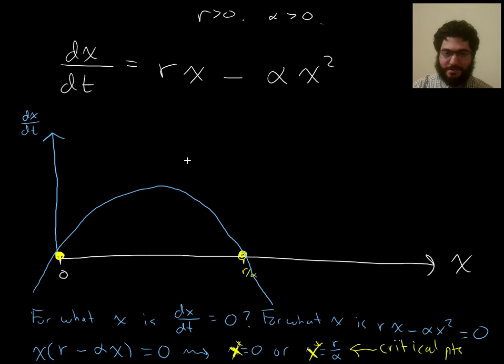On the same hand, also if there are r over alpha infected people, then apparently that will also be a situation where the number of infected people does not change in time. So if you plug in x equals r over alpha, you get 0 on the right side and 0 on the left side.